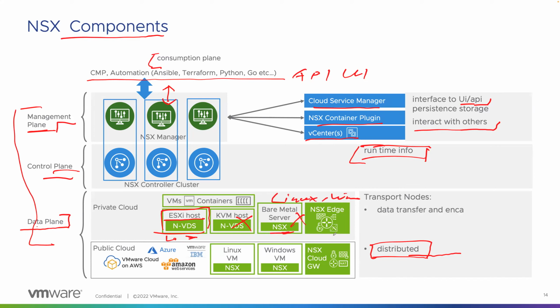NSX Edge seems like a container that a logical network component can sit on. We'll get into detail on the Edge node in a later chapter. We also have public cloud support, so the data plane can extend to the public cloud. So that's it for the whole components and NSX architecture.